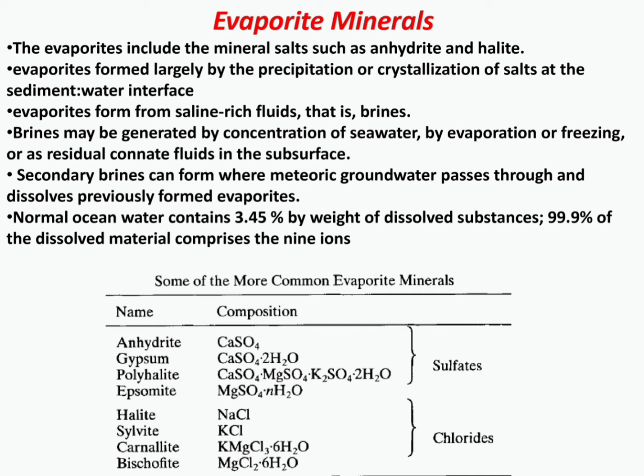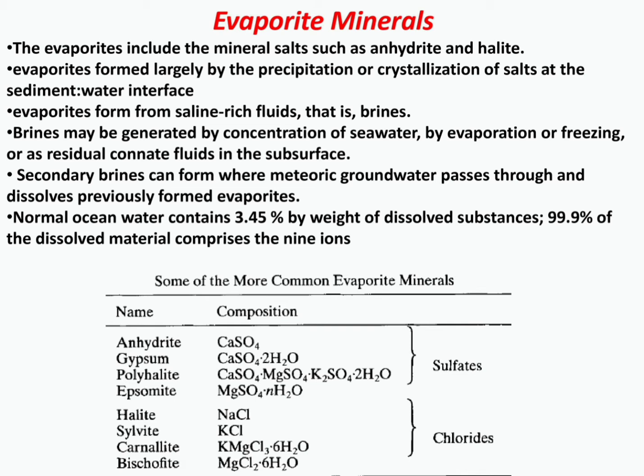Now from somewhere meteoric water comes in contact with those evaporites, and evaporites are easily soluble in water, so the meteoric water again becomes saline.